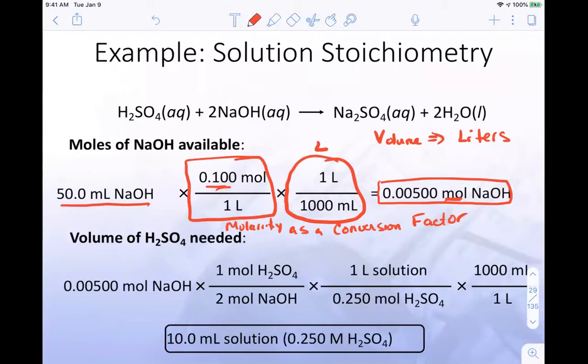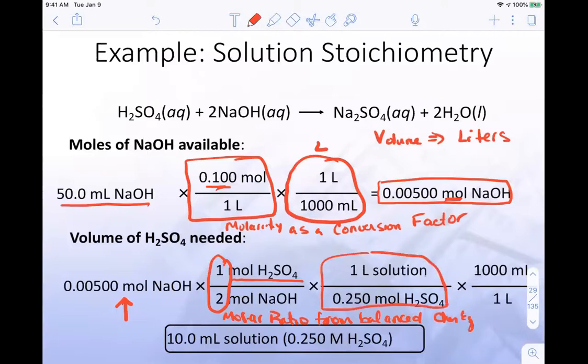Well, now I start that. I'm going to convert the moles of sodium hydroxide into the moles of H2SO4 using the mole ratios. This is the molar ratio from my balanced chemical equation. This is going to be the molarity used as a conversion factor, but this time it's the molarity, the concentration, of H2SO4.